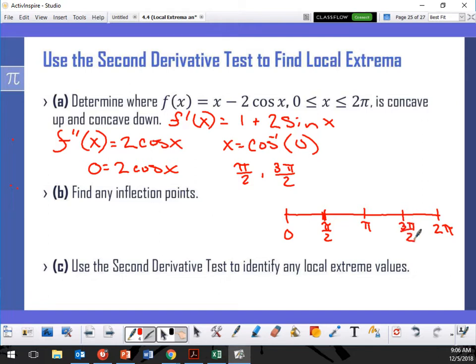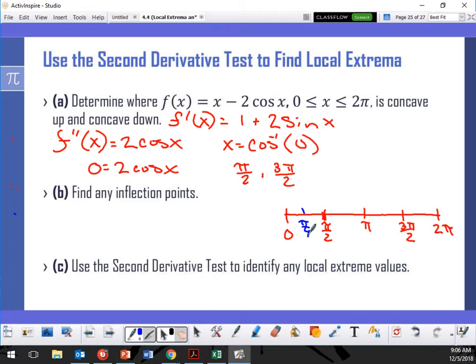Let's put in something in between. Between 0 and pi over 2 would be pi over 4, right? That's an easy one. Pi over 4, that's positive root 2 over 2.